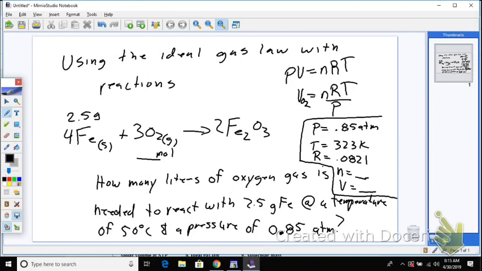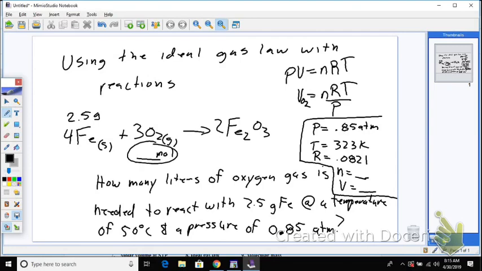So what do we need to do to get the moles of oxygen? Convert that to moles and then do a mole-to-mole ratio. Right. So we've got to convert this to moles and then go mole to mole. And then we'd have our moles we can plug in here.